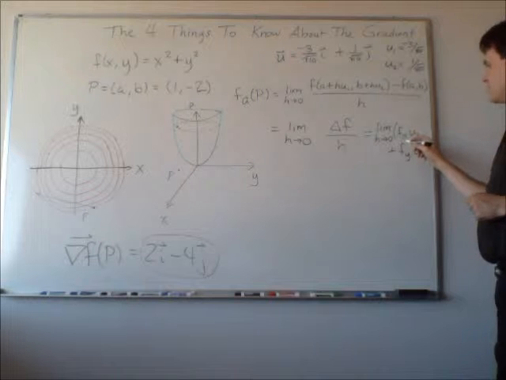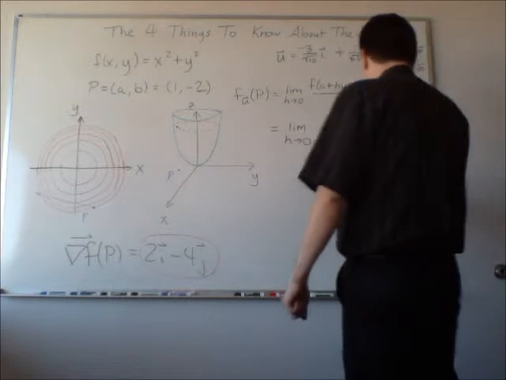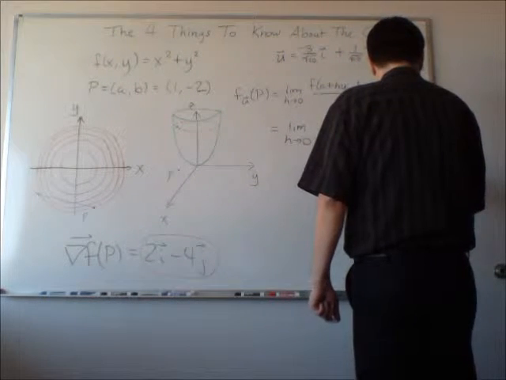You'll notice this expression has no h's in it, which means taking the limit as h goes to 0 now is trivial. This is just equal to f sub x u1 plus f sub y u2.